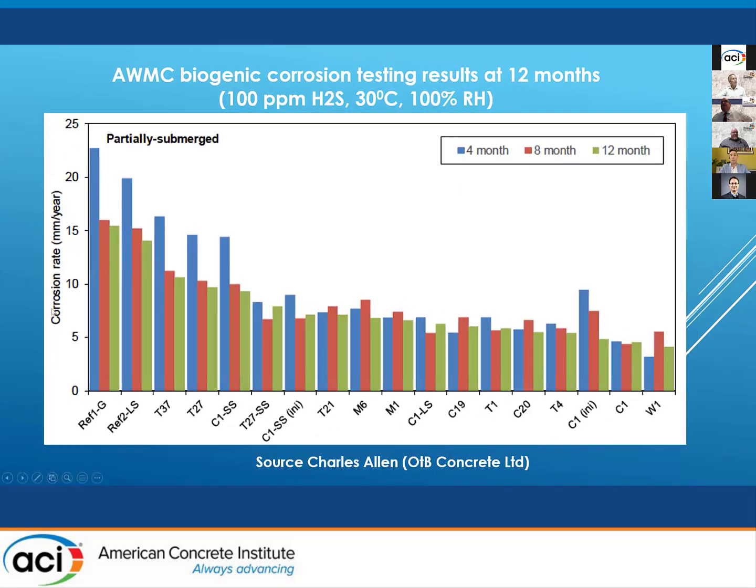And then there's partial immersion, again showing that it is, generally speaking, a more aggressive environment, primarily because of the fact that the moisture condition is so important in this aggressive attack. Again, the reference concretes having higher deterioration rates, and these are these 80% slag systems, and this is the geopolymer out here.